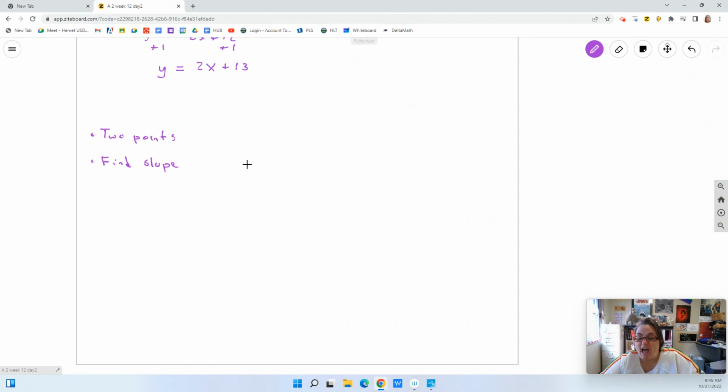If you already have a point and a slope, you can go right to that point slope formula. Right? And then the next thing you do is solve, let's call that for y, and that gives us slope intercept form.